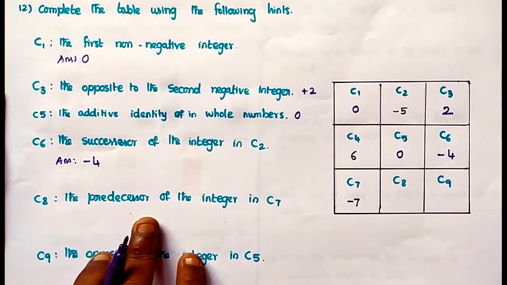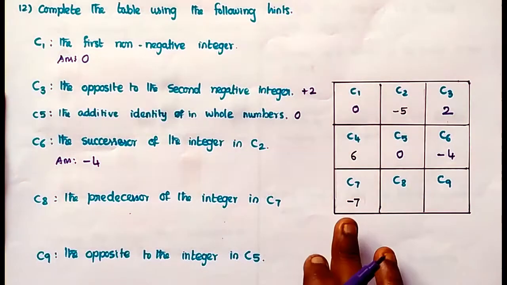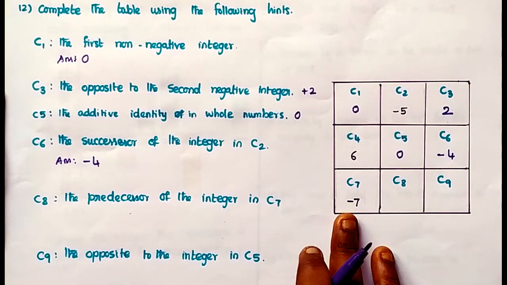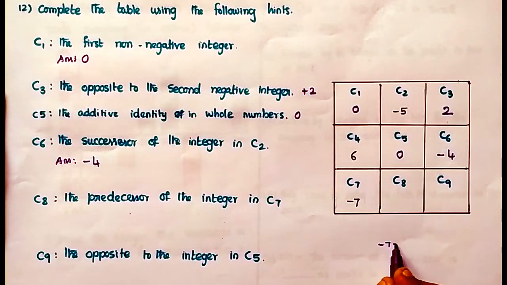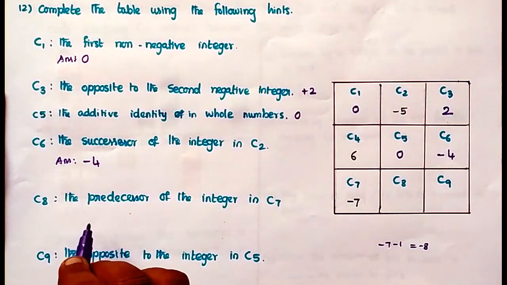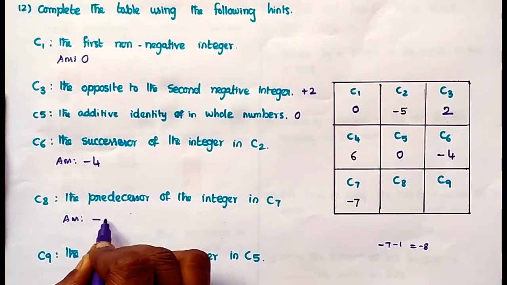Next one, the predecessor of the integer in C7. C7 is minus 7. Predecessor means before the number. That means minus 1. Minus 7 minus 1 means minus 8. That is minus 8.